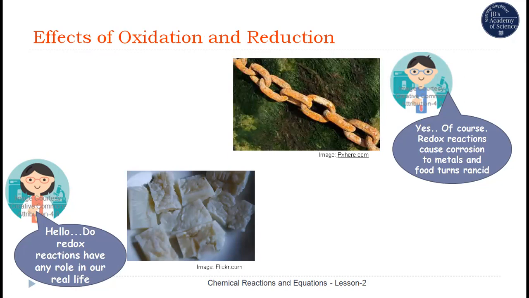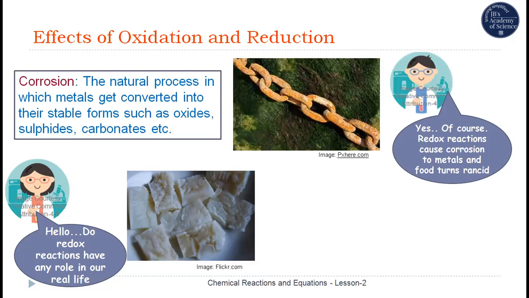The objects made up of iron will get rusted over a period of time due to the reaction with the oxygen present in the atmosphere. This process we call rusting. And not only iron, even other objects made up of copper, etc., will get oxidized. This process we call corrosion.